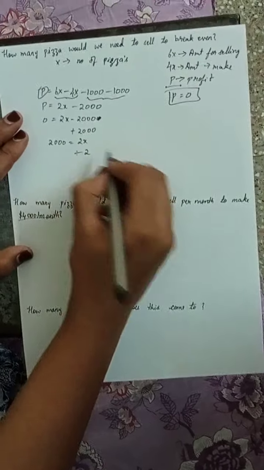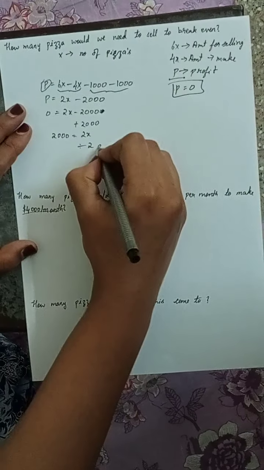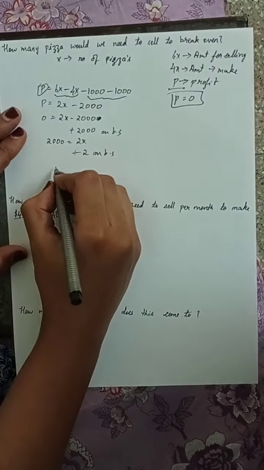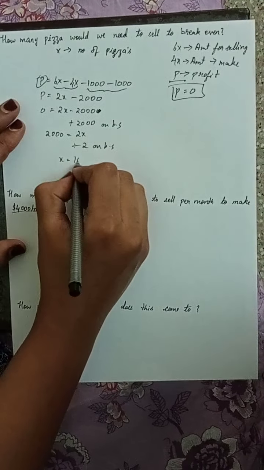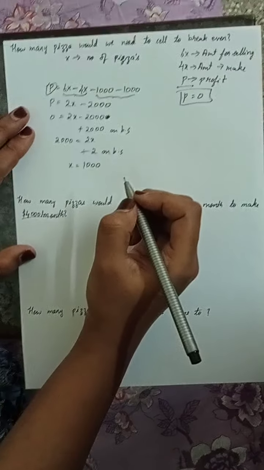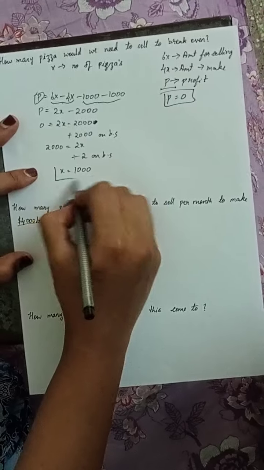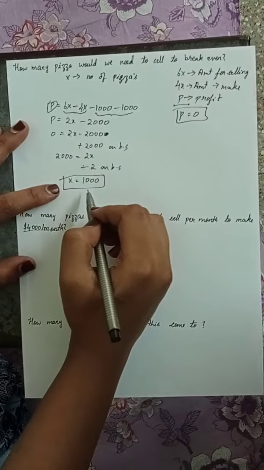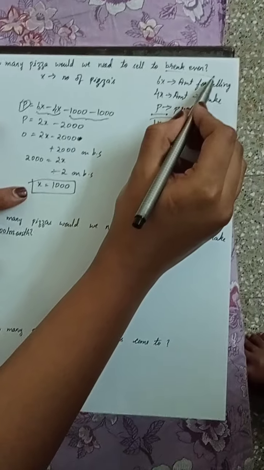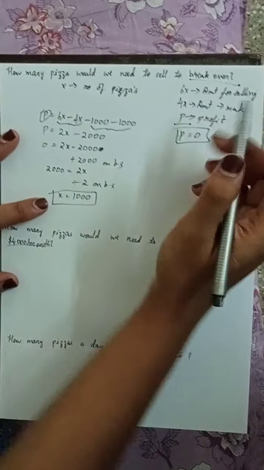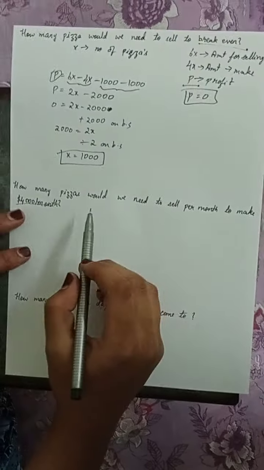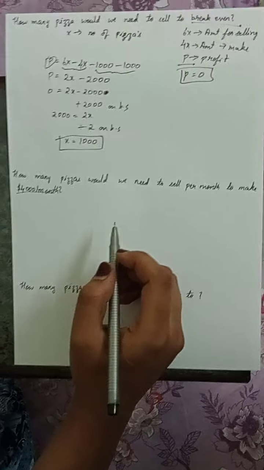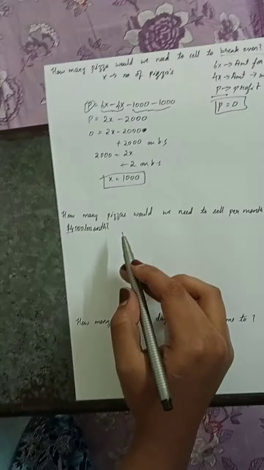I'll divide by 2 on both sides. So I'll get x is equal to 1000. So I need 1000 pizzas to be sold to break even in my startup business. Now let me just check how many pizzas I would require to make 4000 per month.